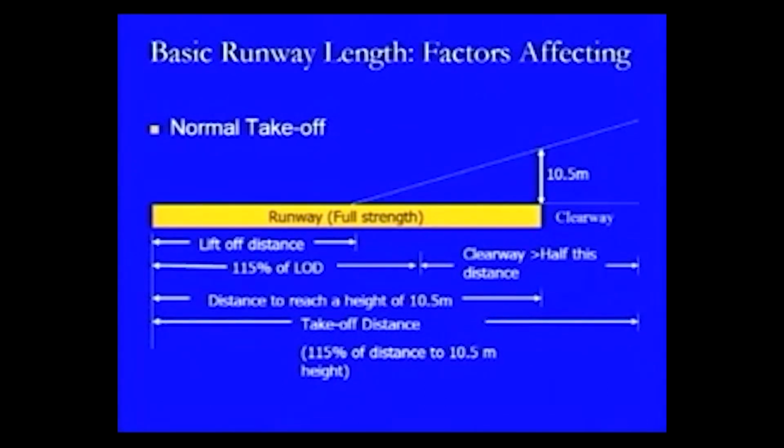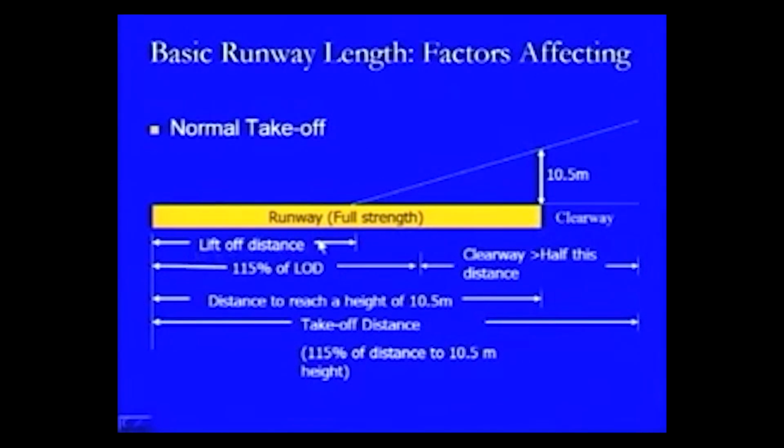Now, this is a diagram which depicts the same condition: the aircraft starts from this direction and moves in this direction, and then at this particular point it moves into the air. So, after moving this much distance it attains lift and keeps rising, and it should be able to reach a height of 10.5 meters at the end, and here the clearway is provided after the end of the runway strip.